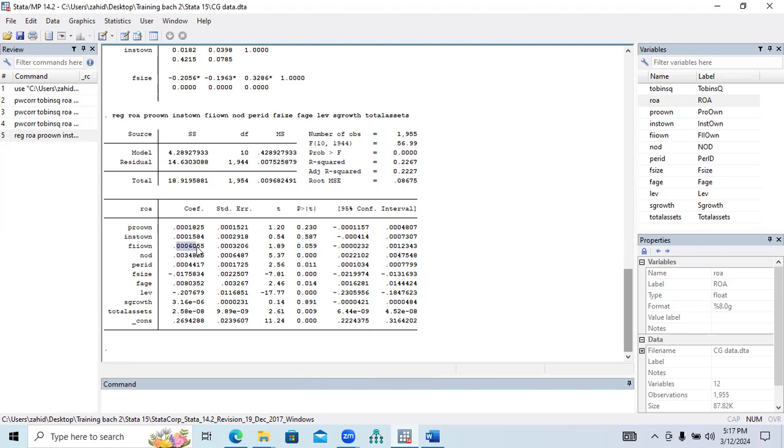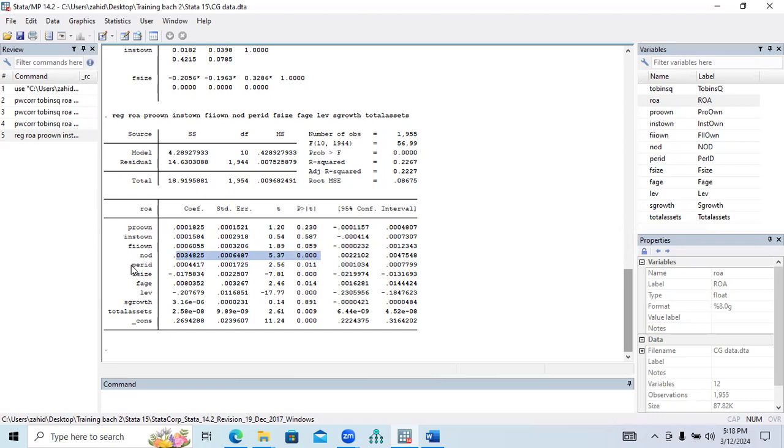It means there is a positive impact of financial ownership with weak significance. Next, you can see node is positively impacting and it is highly significant. The t value is greater than 1.96 and the p value is less than 1%. So node is positively and highly significantly impacting.